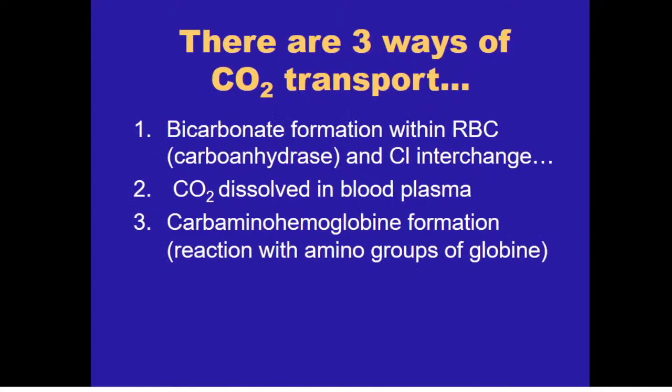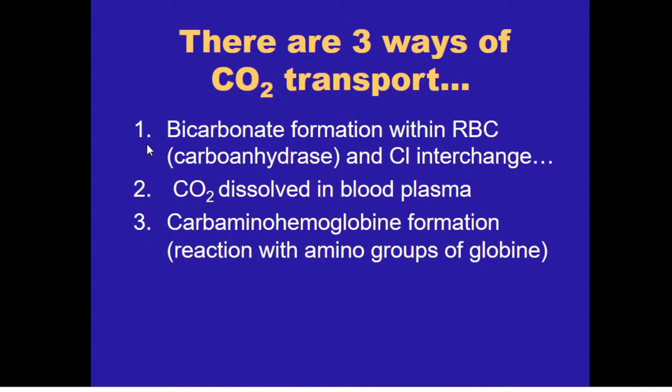And to finish this discussion, please write the 3 ways of carbon dioxide transport. Because from school we studied that hemoglobin transports carbon dioxide back from the tissues to the lungs. It's not completely correct, because carbaminohemoglobin formation, the real interaction with hemoglobin, is only 10% of the whole transport of carbon dioxide.